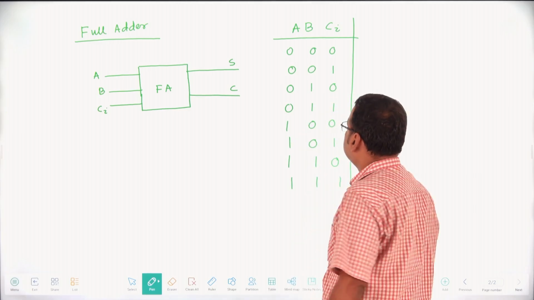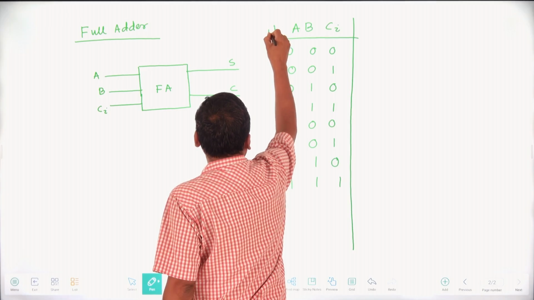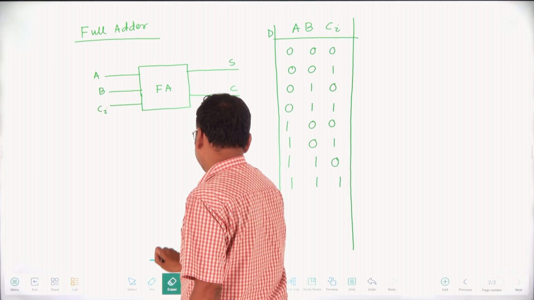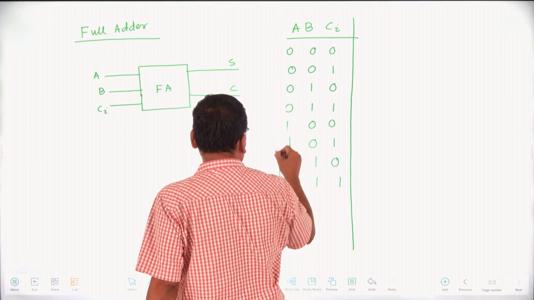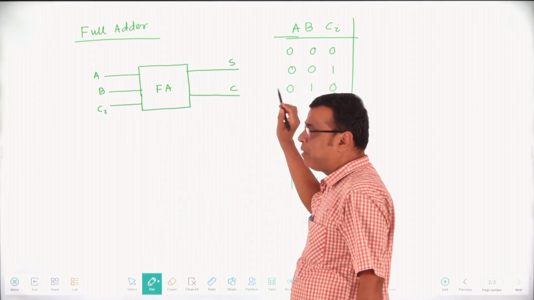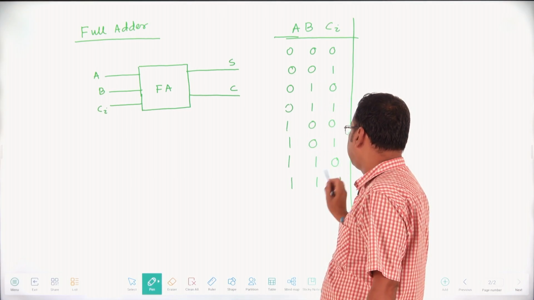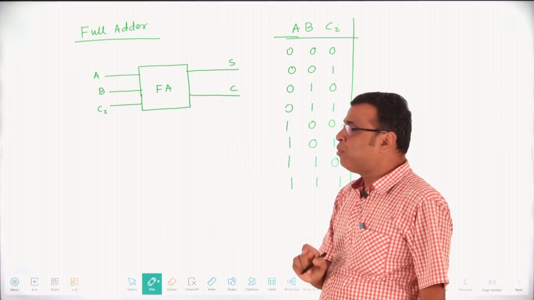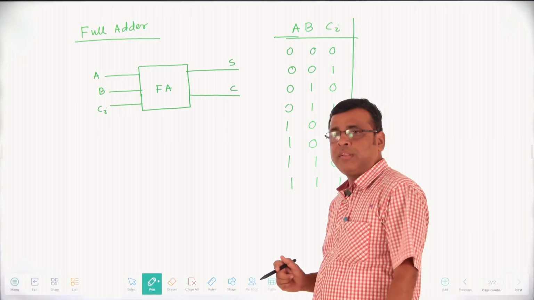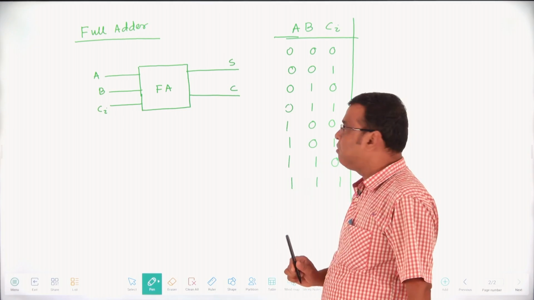There are 8 combinations, so you may consider the decimal values here: 0, 1, 2, 3, 4, 5, 6, and 7. If there are 3 inputs, the maximum decimal value will be 2 to the power 3 minus 1, that is 8 minus 1, 7. So the maximum decimal value 111 is 7 here.